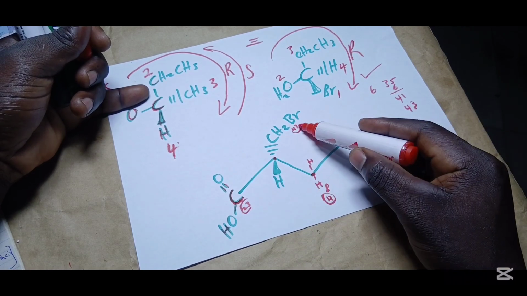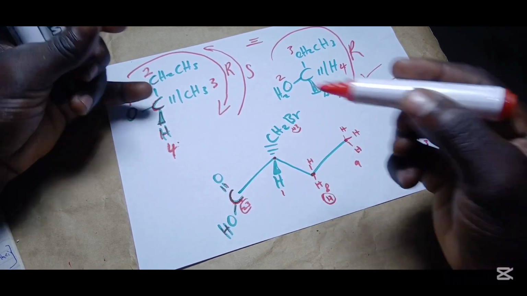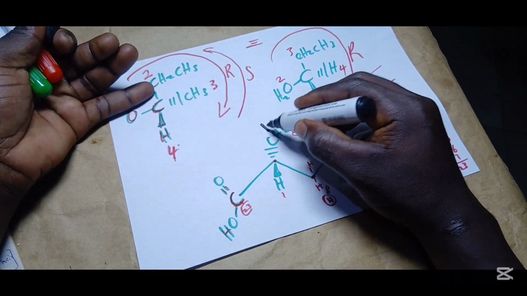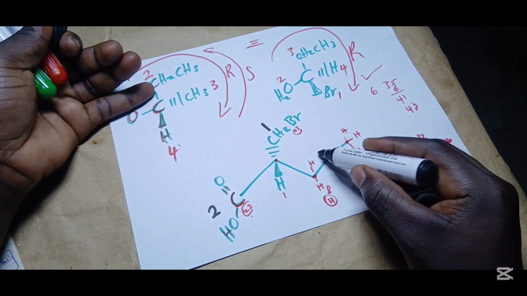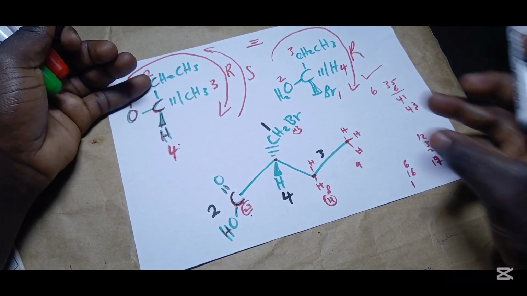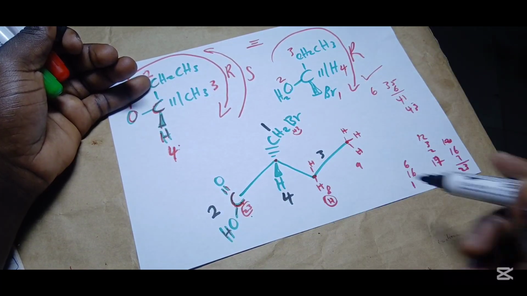So now 43, 23, 17, and the hydrogen here 1. Definitely this right here should be our priority number 1, followed by this priority number 2, followed by this priority number 3, followed by hydrogen priority number 4, because this has high atomic weight as compared to that and that.